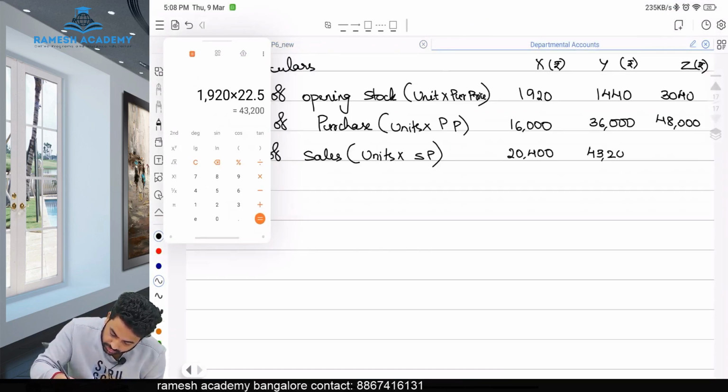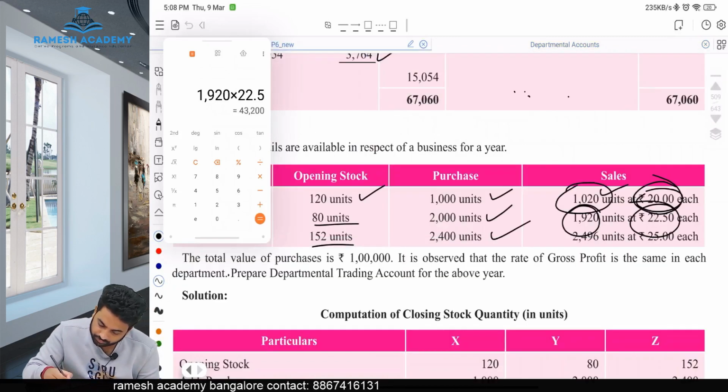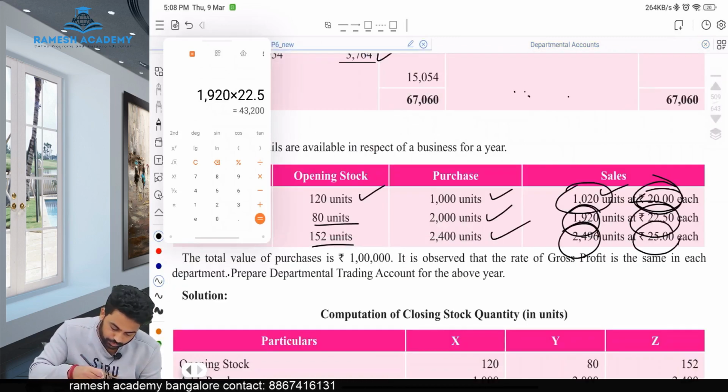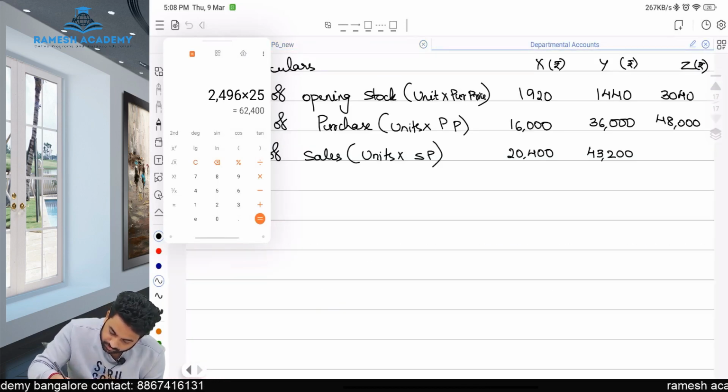Okay, done. Next, 2496 units at rupees 25. 2496 into 25, which is 62,400.